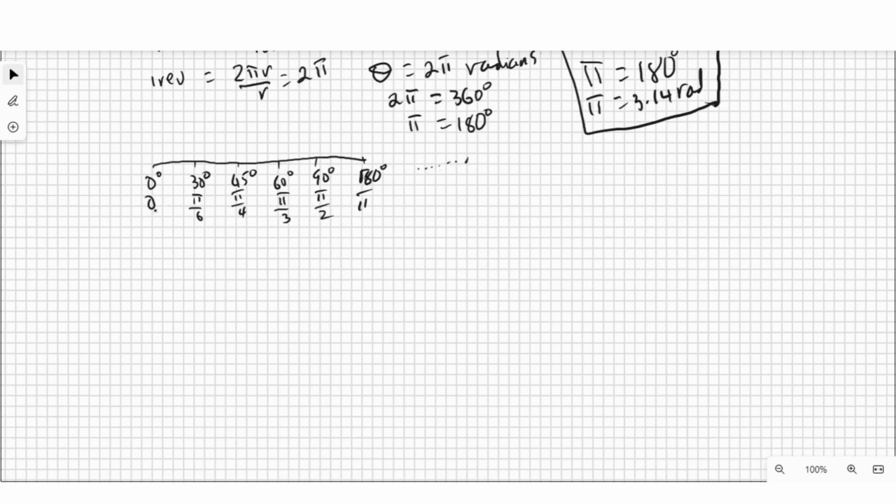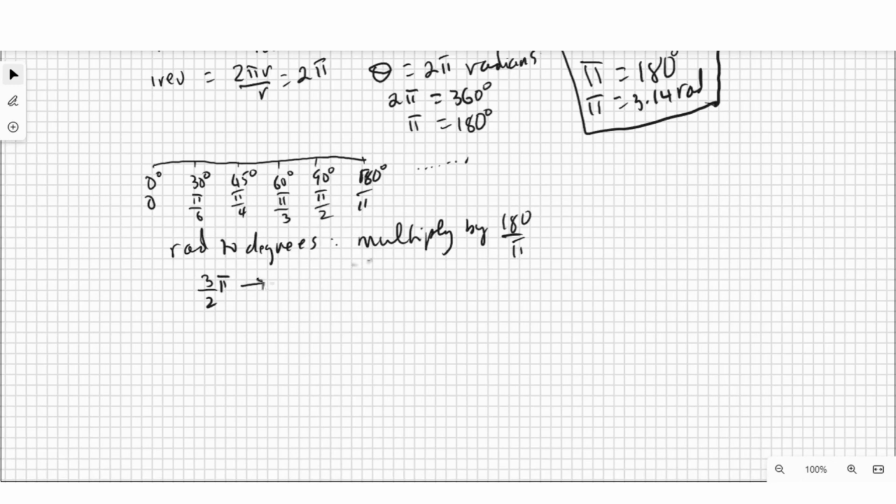So, how do I convert radians to degrees? To convert radians to degrees, we multiply by 180 over pi. If I have 3 over 2 pi, practically if there is pi, I can just substitute it with 180.